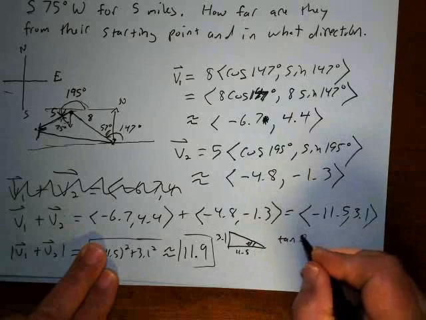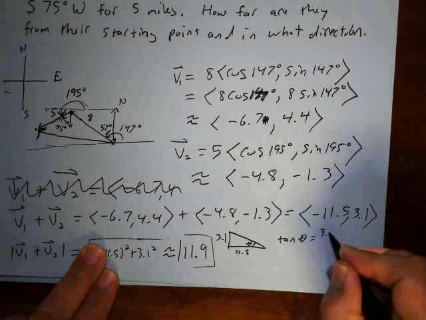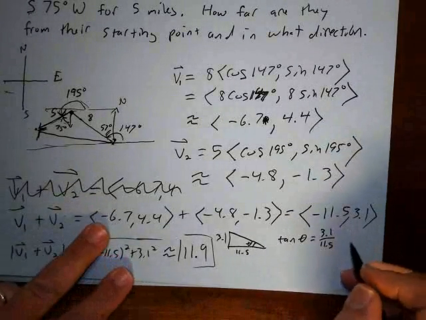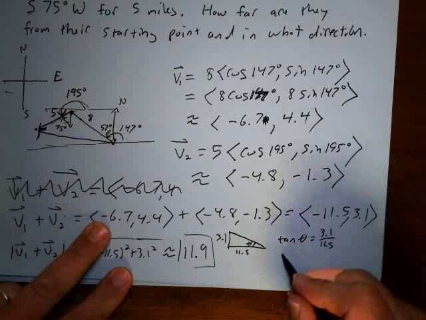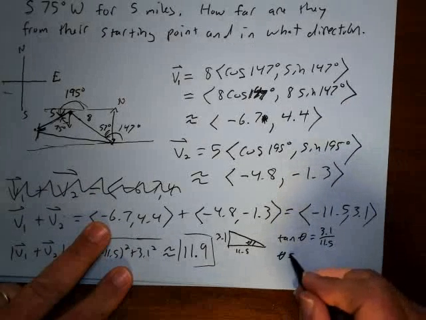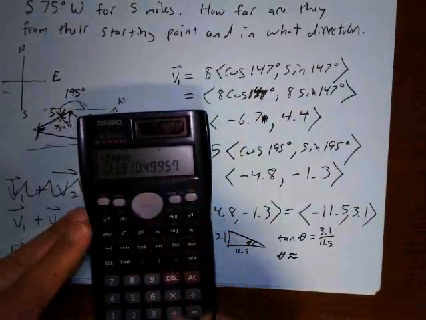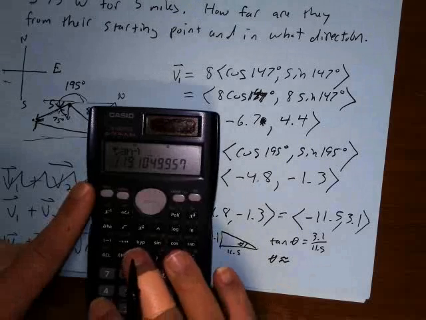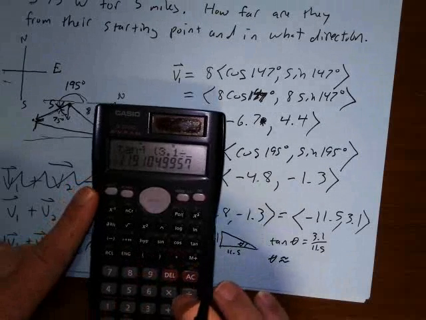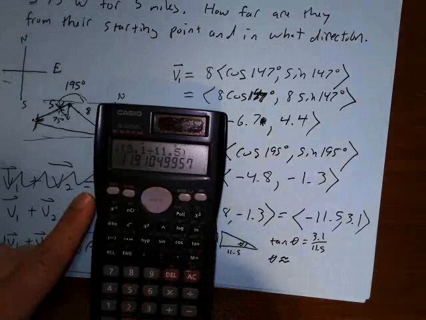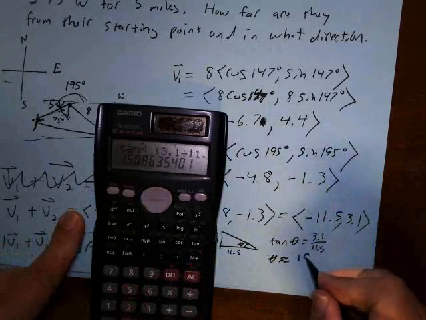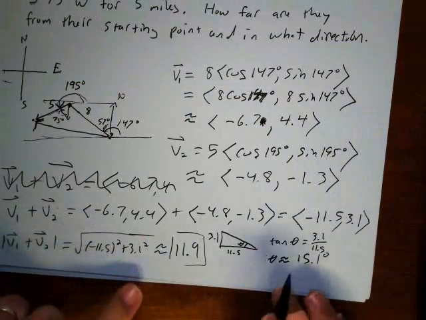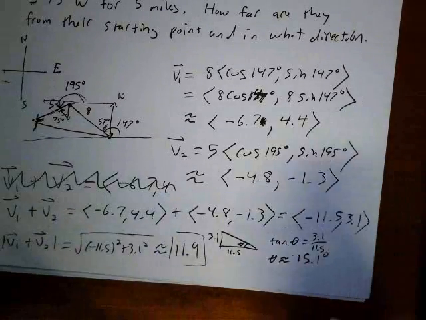So tangent of theta is equal to the opposite over the adjacent, and theta is going to be the inverse tangent of that. So tangent inverse of 3.1 over 11.5, and I get 15.1 degrees.